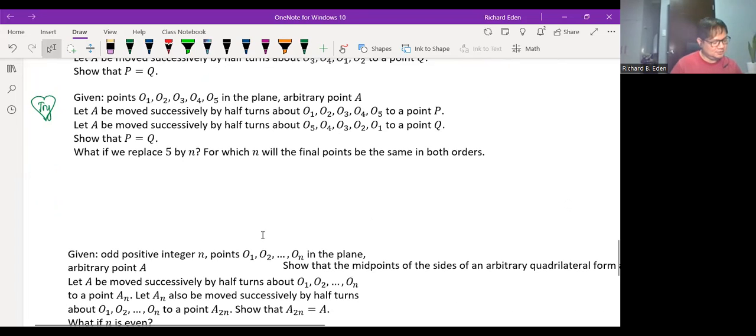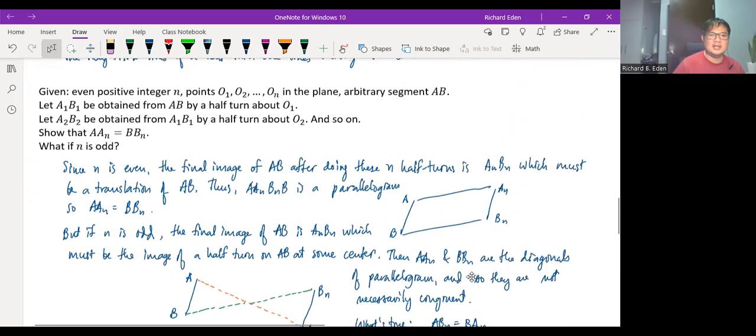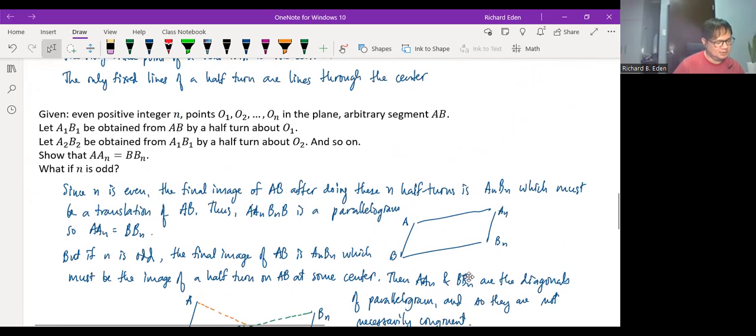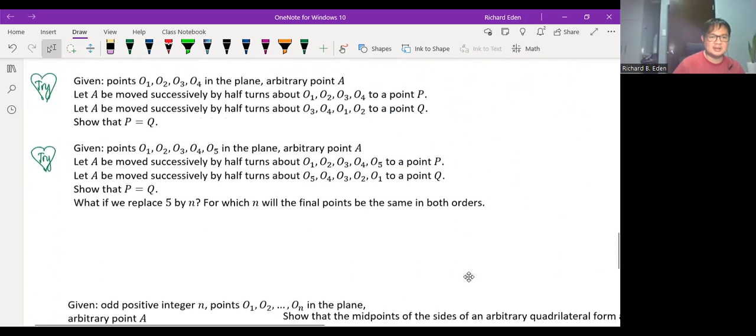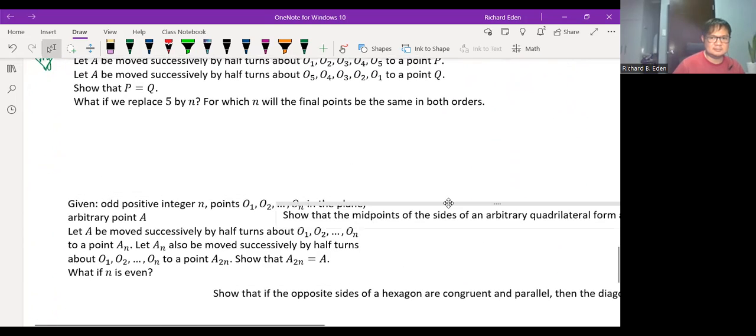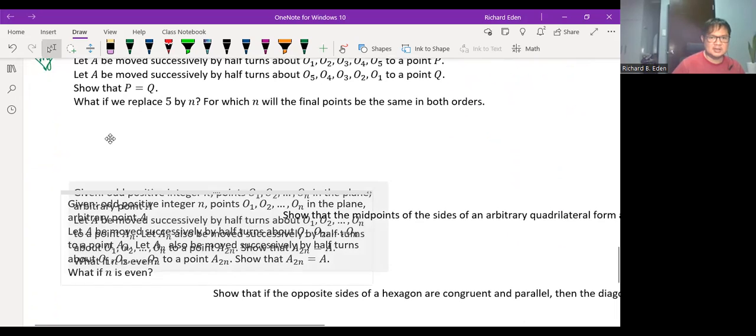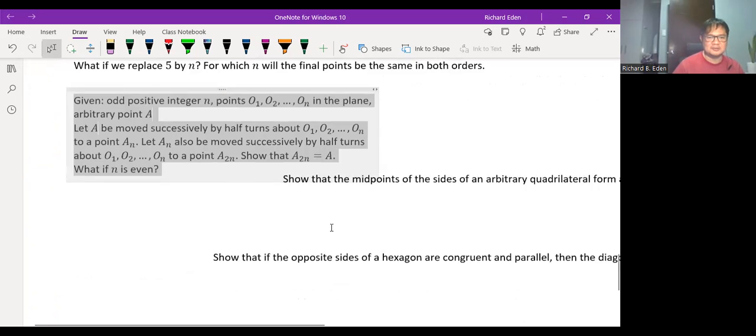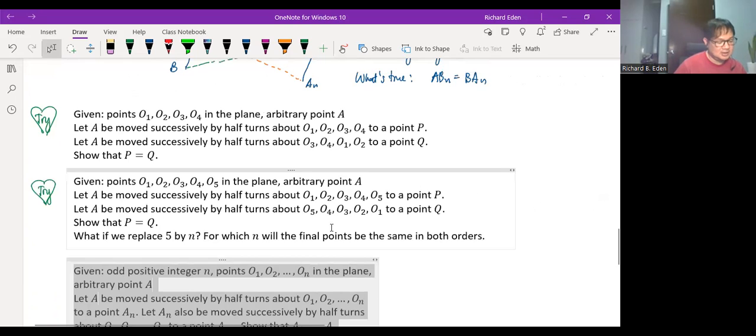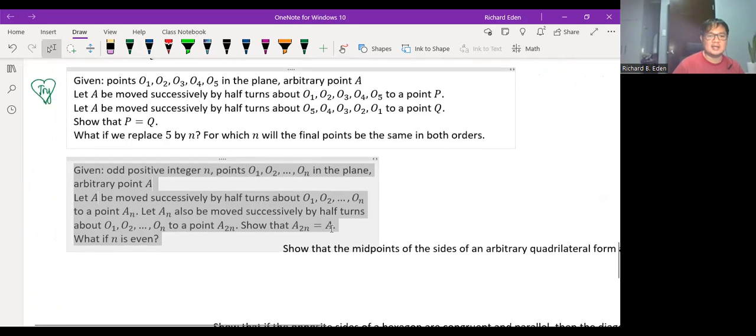Oh wait, so we already tried that, right? What if it's, wait, hold on. A sub n equals B sub n. Then I got confused because the problems got mixed up. Oh wait, actually, yes.